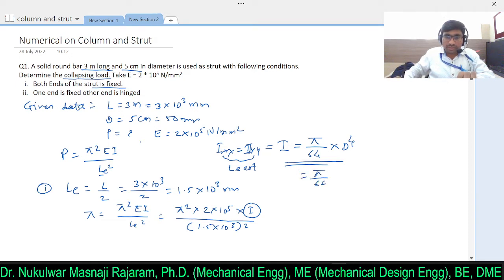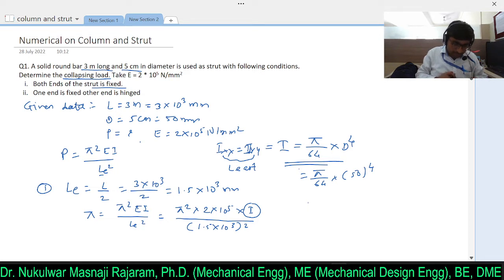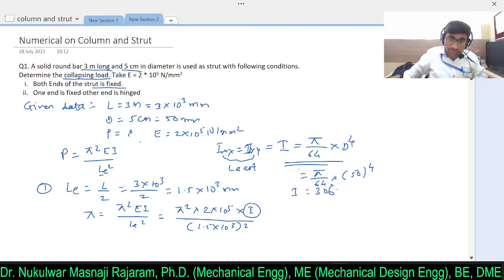So pi by 64 into d, that is 50 whole square. So pi by 64 into 50 raised to 4, this will become I equal to 306,796.1576 mm raised to 4.